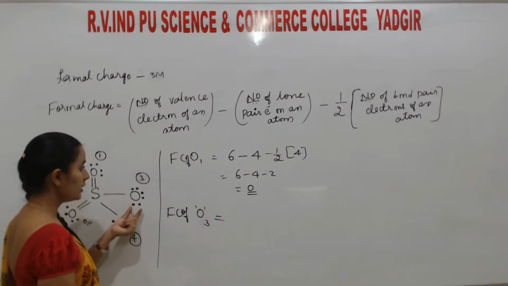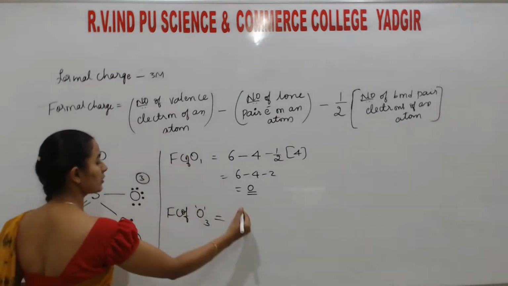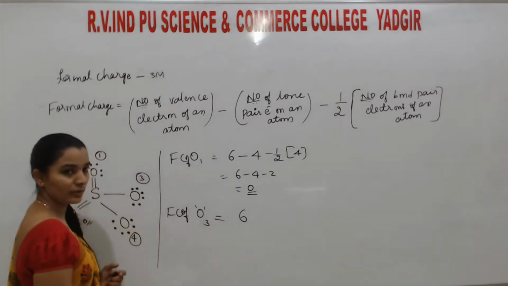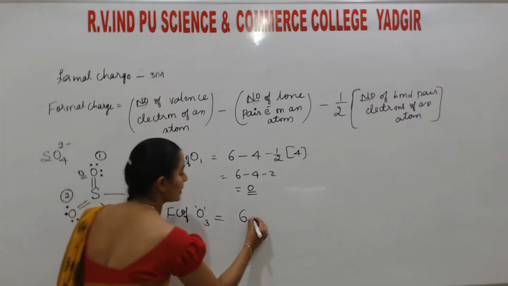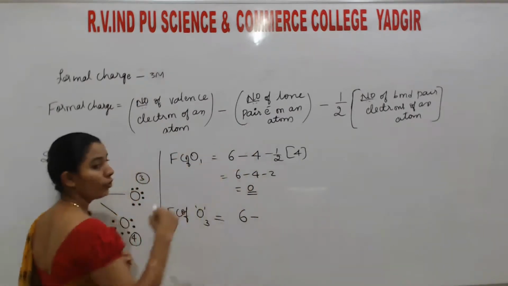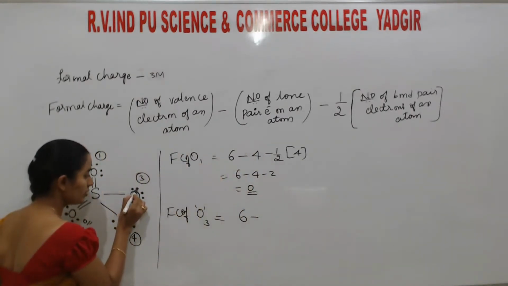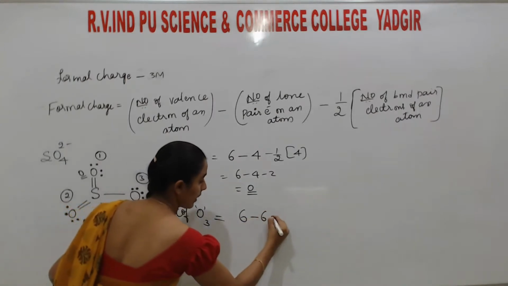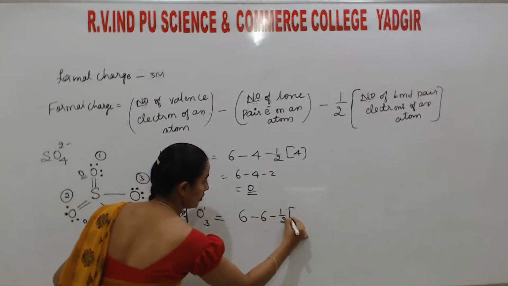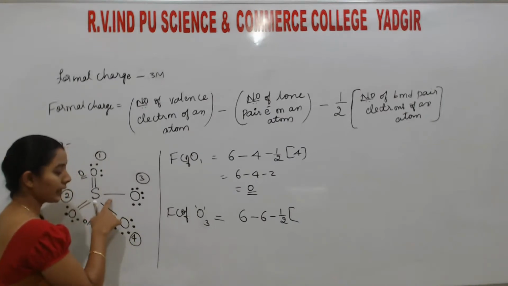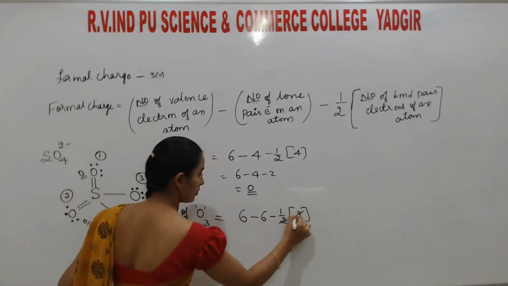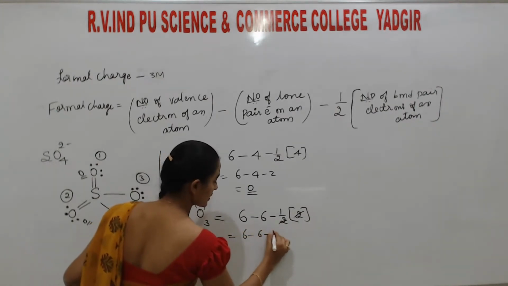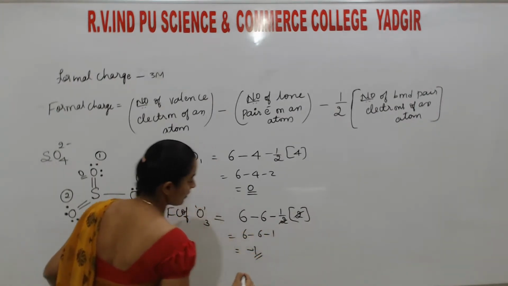Next, consider the formal charge of O3. O3 here means not ozone, it is the third oxygen. Here the number of valence electrons is 6 for this. Next, minus the number of lone pair electrons. Here, 1, 2, 3, 4, 5, 6, minus half into the number of bonded electrons, 2. So that is 6 minus 6 minus 1, the charge is minus 1.